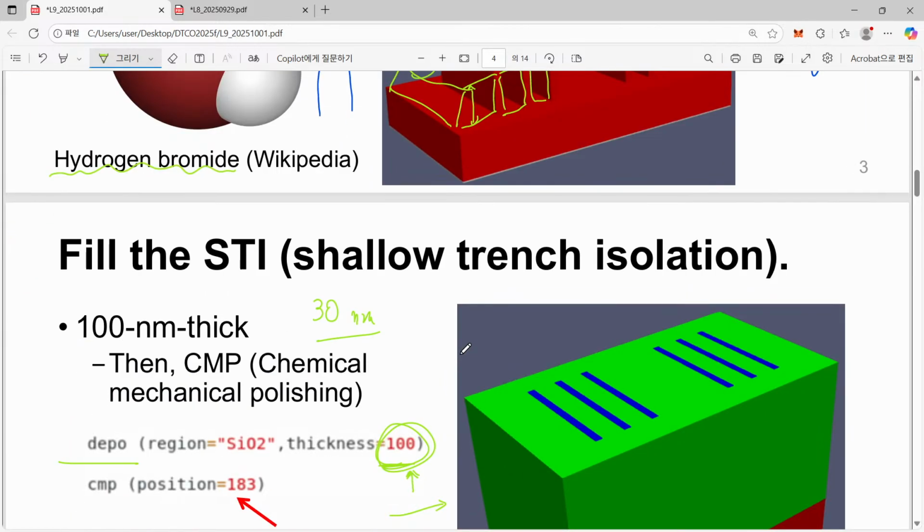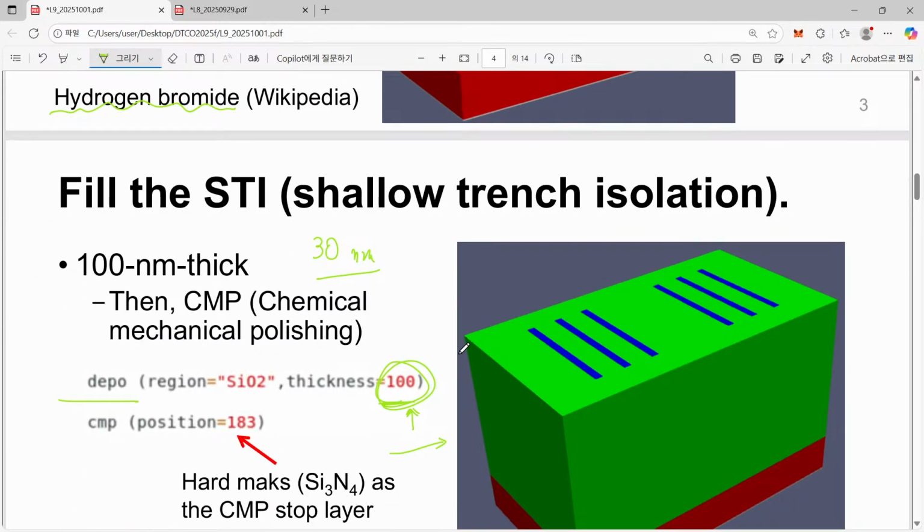And now this is the trick. Here we perform CMP, chemical mechanical polishing. Chemical mechanical polishing means using both methods, chemical and mechanical, together to planarize a certain structure.